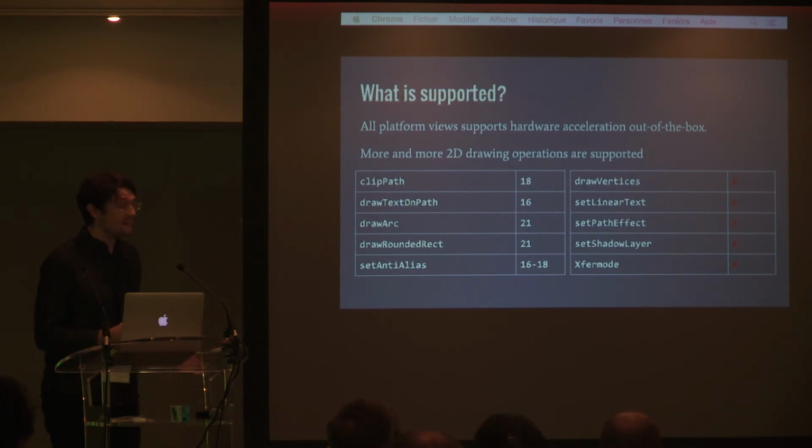In this case, you have to go back to a non-hardware accelerated canvas. So you may disable some of your animation to have a better, not preference, but user experience. But yeah, it can be quite tricky.